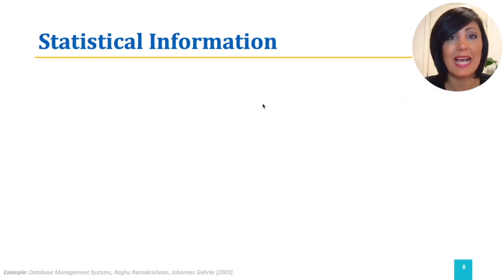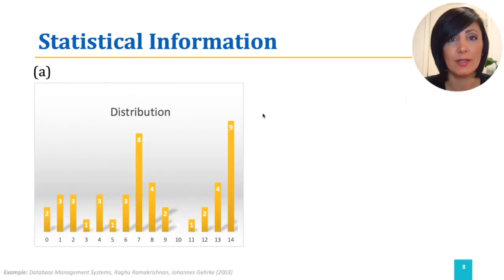Assume, as we see in graph A here, we have the distribution showing the number of times each value has happened for an attribute. This means it shows the number of tuples that have that value for their attribute. For example, value 0 has happened 2 times. In other words, we have 2 tuples with value 0 for the attribute we are monitoring.